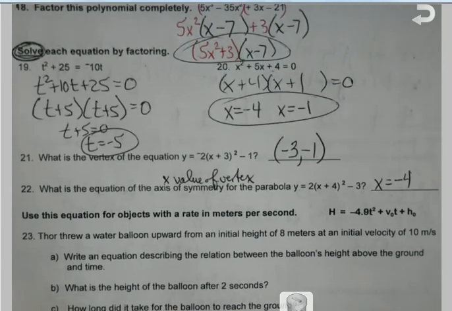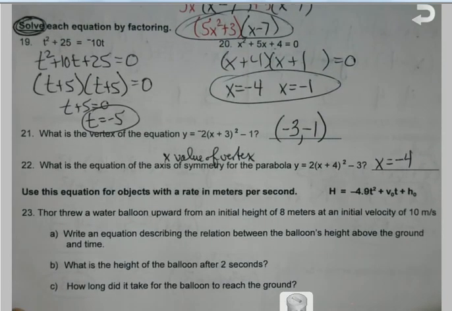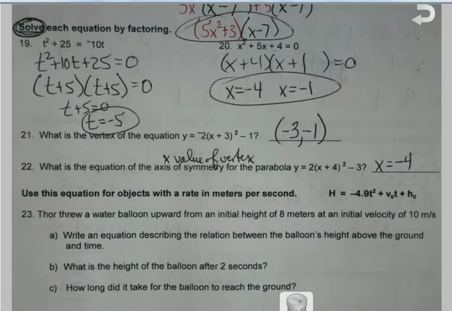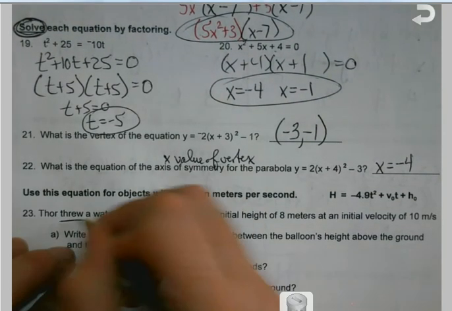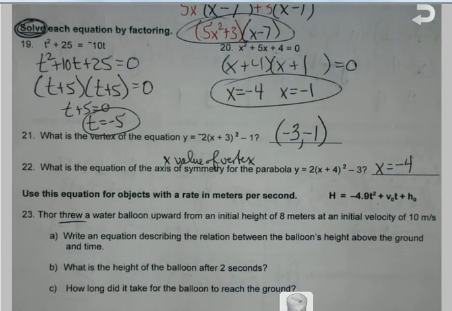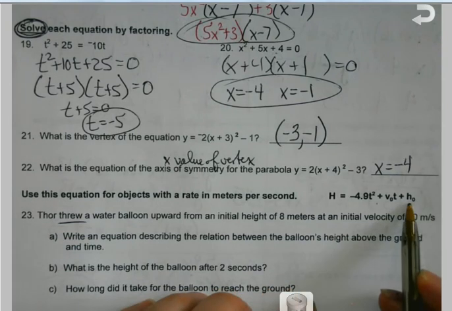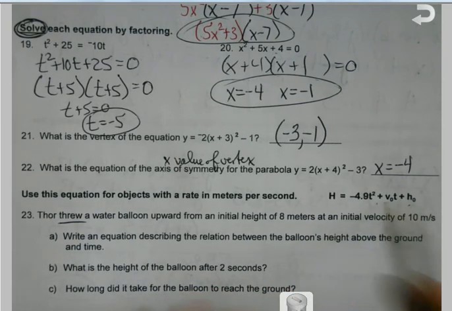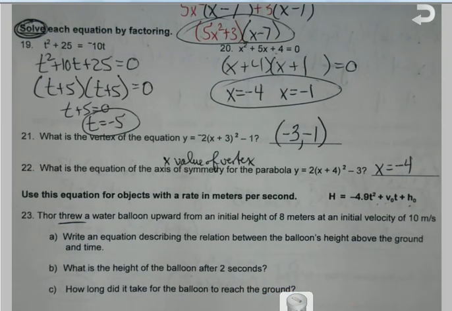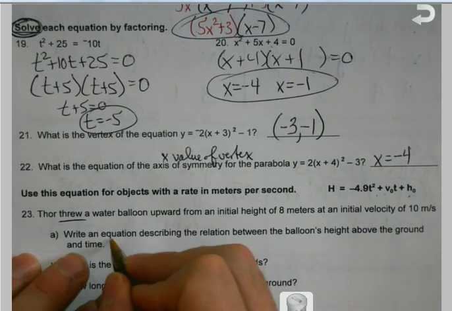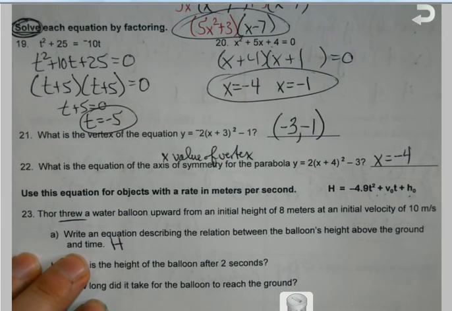Speaking of the calculator, Thor threw a water balloon upward, luckily they gave me the formula though, from initial height of 8 meters and initial velocity of 10 meters per second. Again, initial height, h sub o, v sub o is my initial velocity. So in this case, my equation is going to start with just the h.